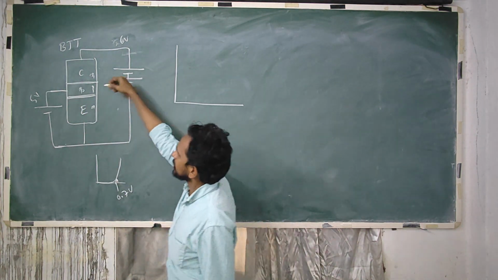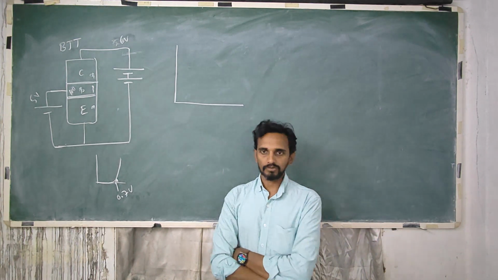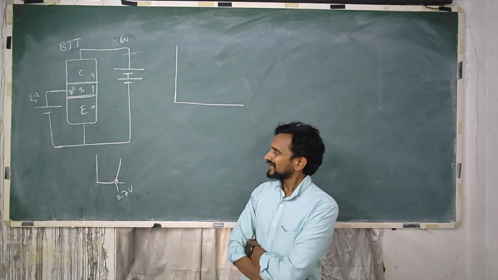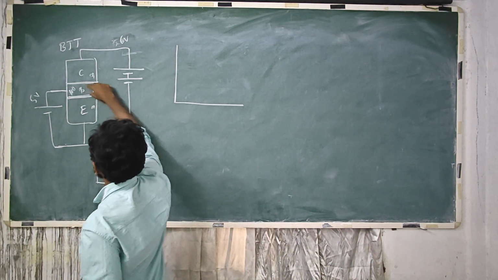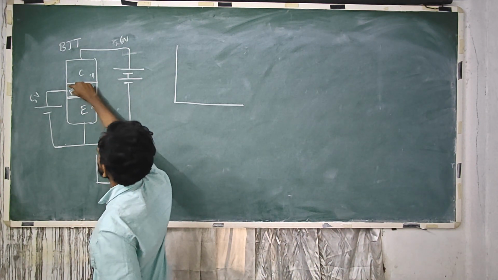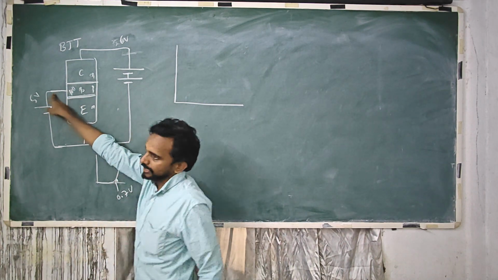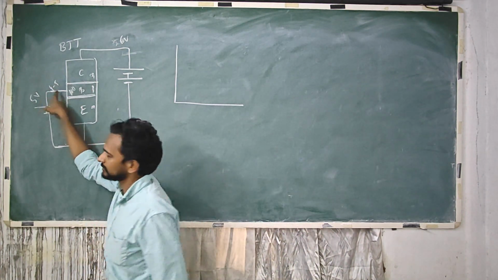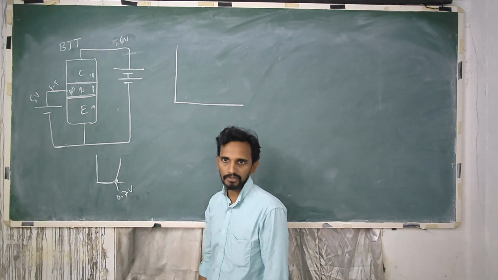So let's say some 100 carriers enter this region because of the forward bias. And base material is very narrow, very slim in size, so it cannot capture all the 100 carriers here. At most 4 to 5 carriers will come out of base and remaining carriers will remain over there.